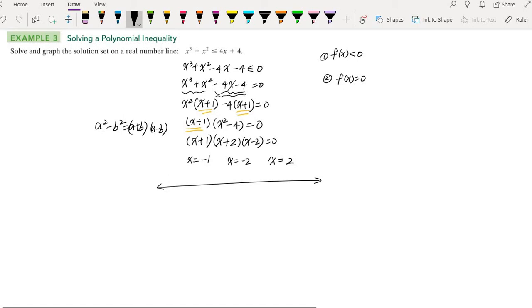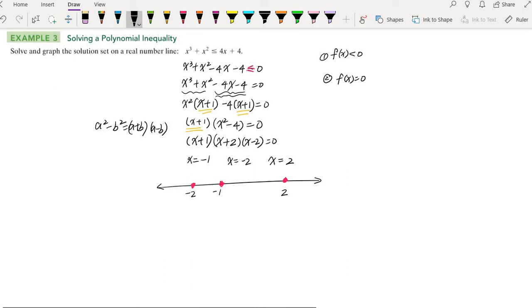Then I'm going to think, what am I going to use for the boundary points? Is it a closed circle or open circle? So you go back and look. Since we have less than or equal to, because the equal is there, we're going to have a solid circle. That means you include those points.